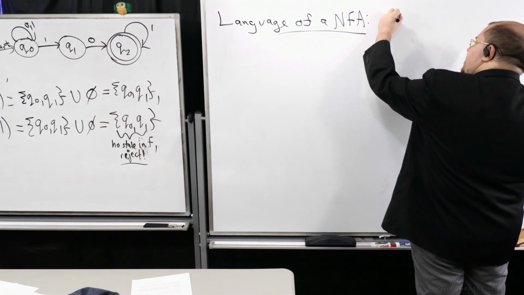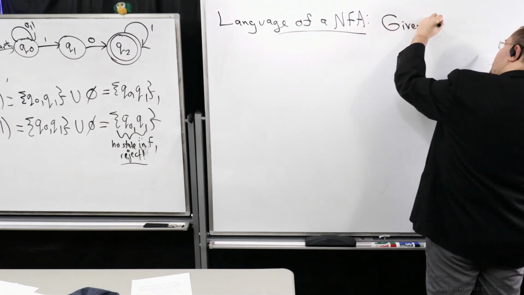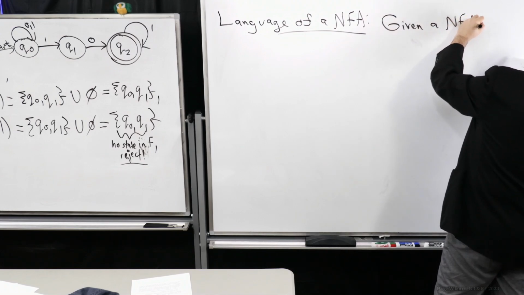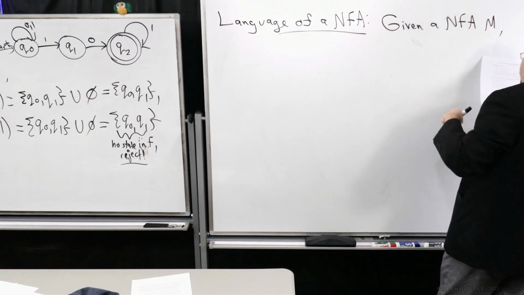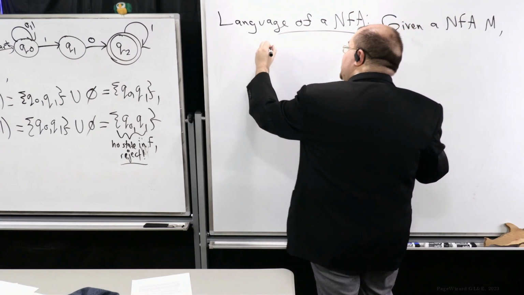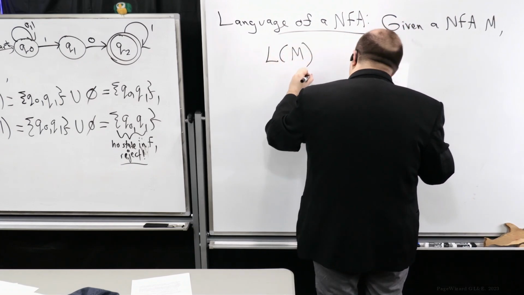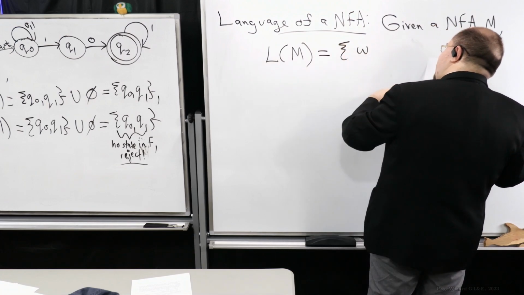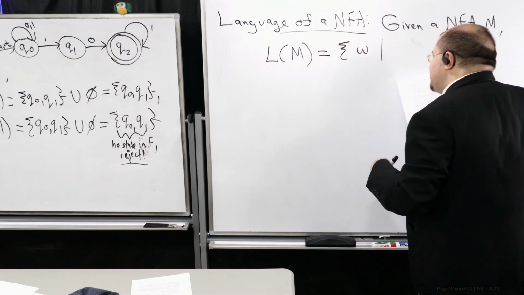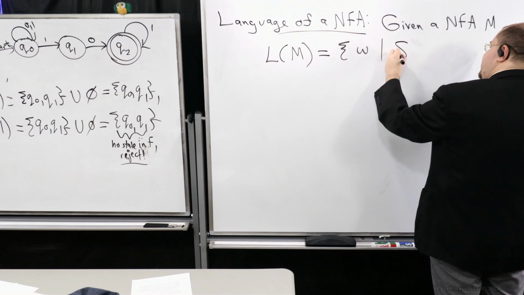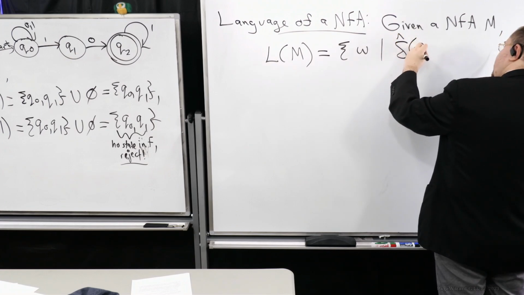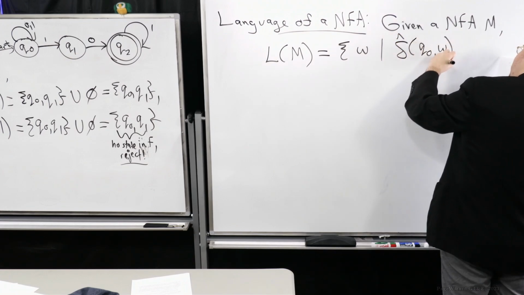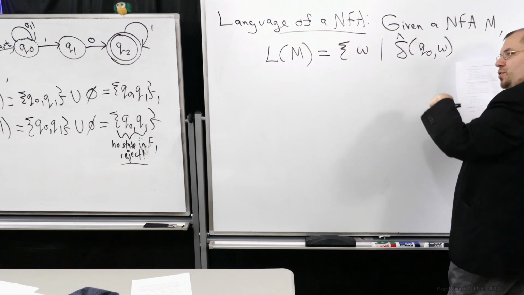So given an NFA M, we're going to define the language of M, L of M, to be equal to all strings W such that delta hat Q0 on string W. So remember, this is defined for M.